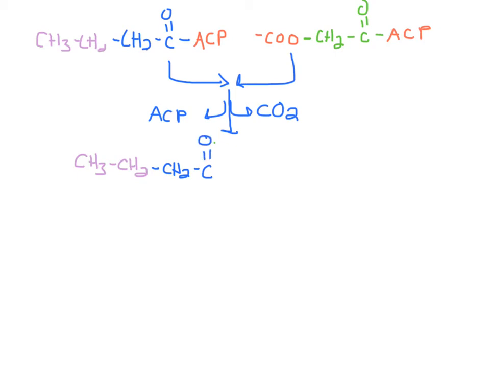And now, since these two intermediates have been combined, we will draw our chain, our new carbons that we've added to the growing chain, in green. So here is our intermediate, and this goes through the pathway exactly as we showed previously.